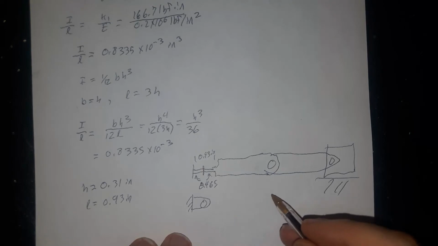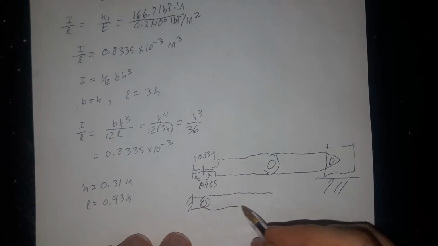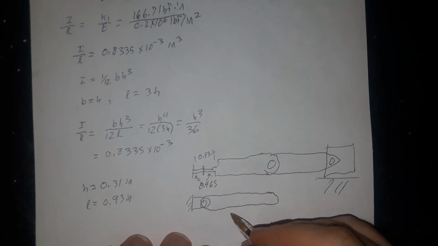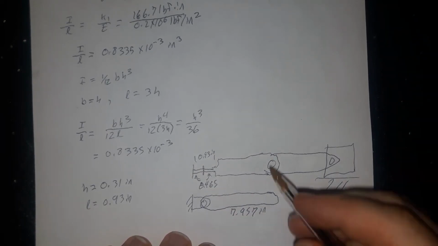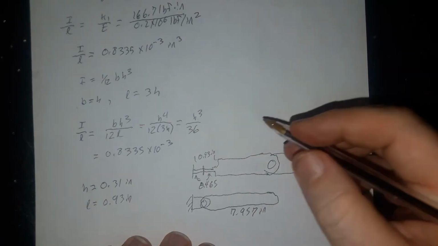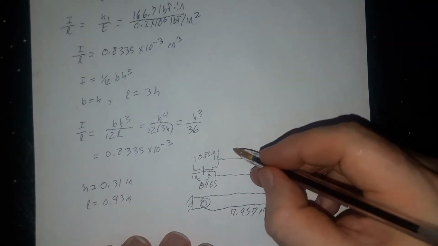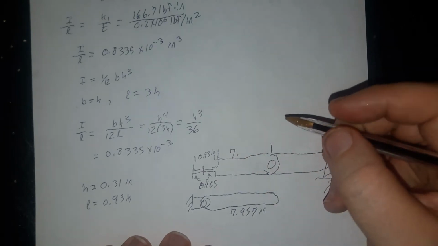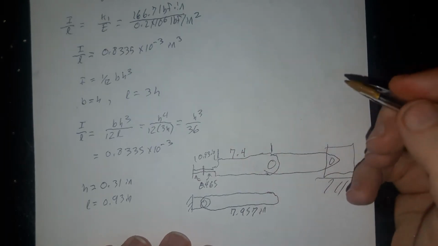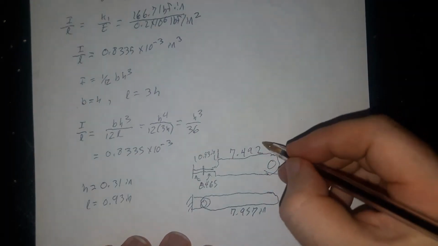And so what that's going to give me is, I know R2 has got to be 7.957 inches. Then I take that 0.465, and the rigid portion of this link then is going to be 7.492 inches.